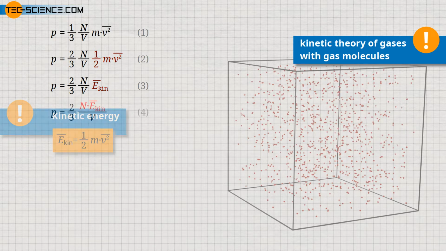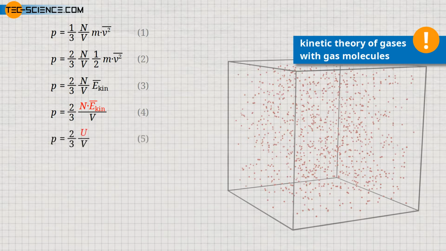In this formula, we can interpret the product of the mean kinetic energy of a particle and the number of particles as the total kinetic energy of the gas. For ideal gases, this also corresponds to the internal energy U of the gas, since this is the only form of energy present at an atomic level. This formula can now be further interpreted.